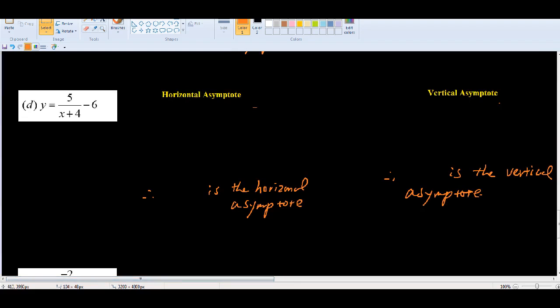Okay, for this question, y equals 5 over x plus 4 minus 6. Let's do it again. For horizontal asymptote, you need to consider when x tends to very big. So 5 over x plus 4 equals 0.